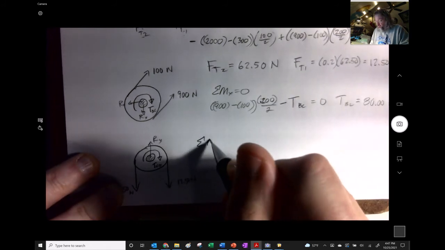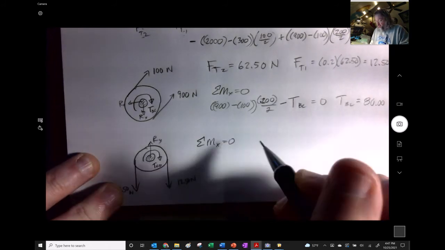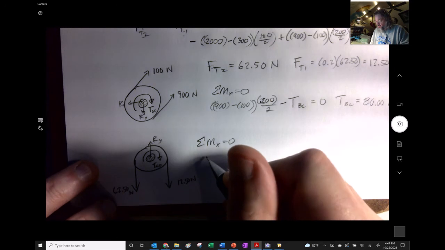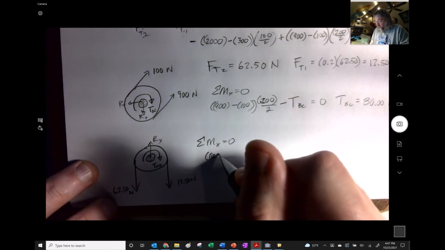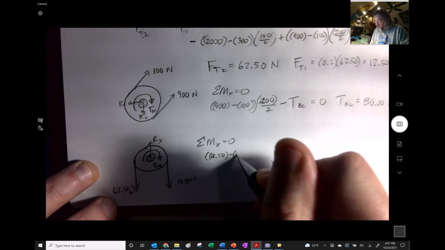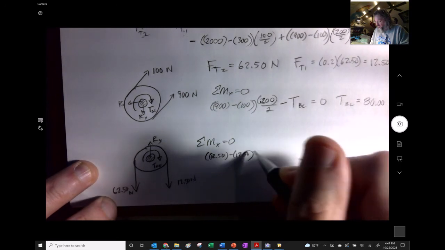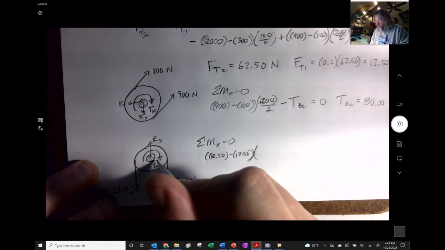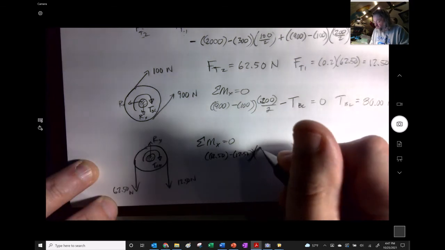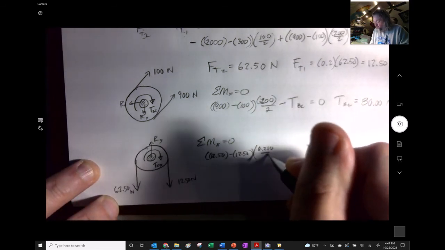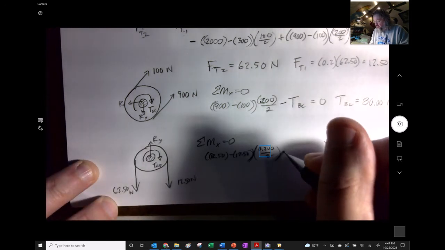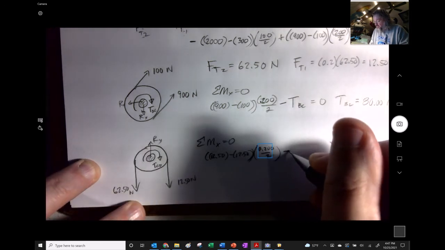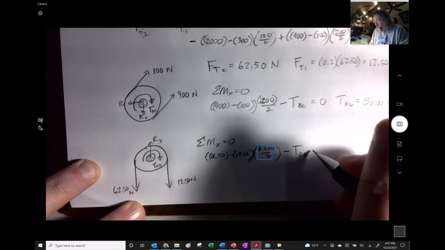So the sum of the moments about the x-axis right there: 62.5 minus 12.5, and this is the 200, so this is a 0.2 radius onto this thing, and that's minus TCD equals 0.